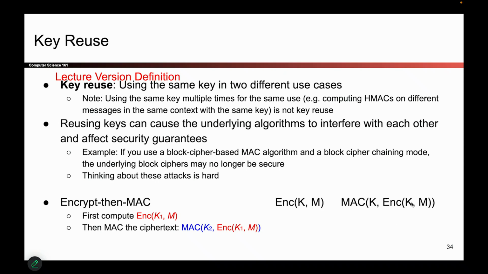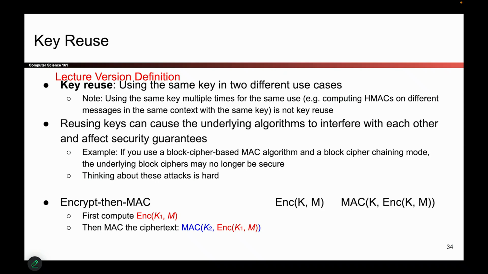Now, you can use key reuse to refer to other scenarios where you use the same key twice, but this is my specific case for key reuse and the lecture definition of it. And in real life, there might be other contexts in which the same key is used twice. So for example, if you encrypt a message twice with the same key, at least for our definition, that's not key reuse. You can call it key reuse, but that's not our specific definition.